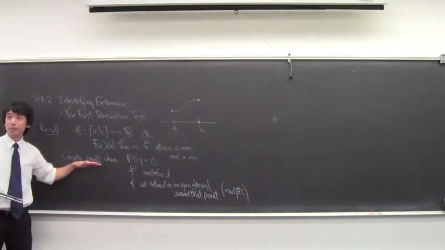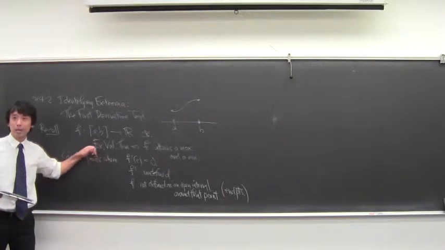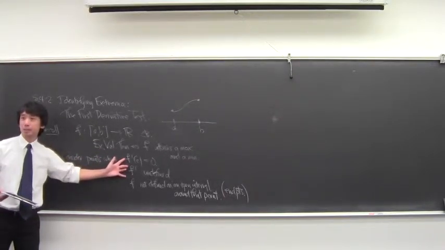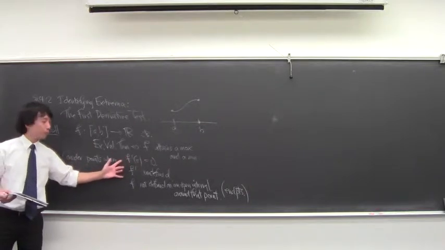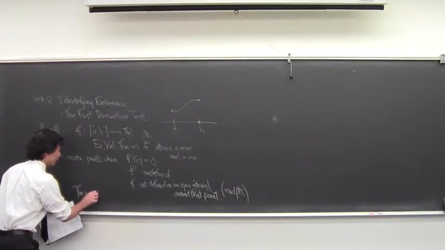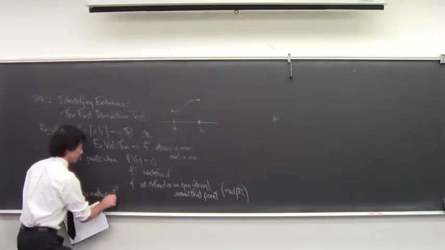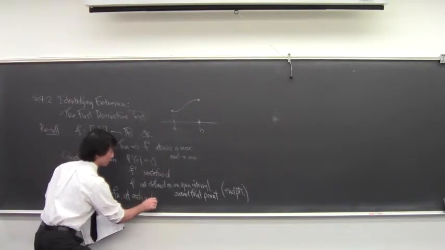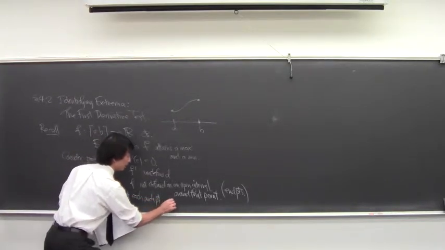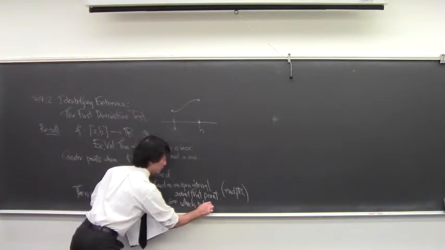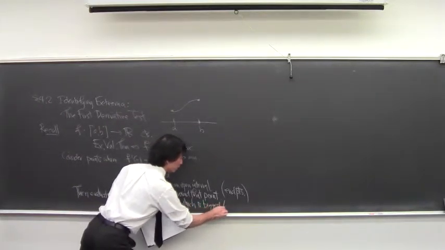Okay, so that was the game, right? To find where the extrema are, you say, well, they have to occur at these points, and then you just evaluate the function at each such point and see which is biggest and which is smallest.